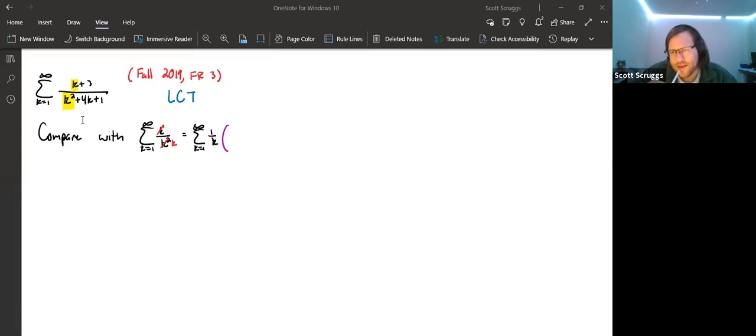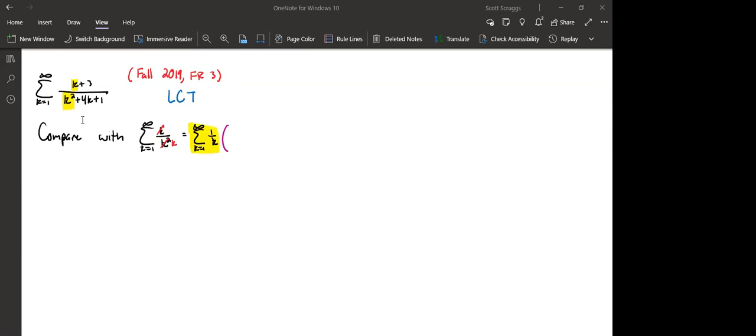Will that series converge or will that series diverge? In particular, I'm referring to the series of 1 over k. Will that diverge?